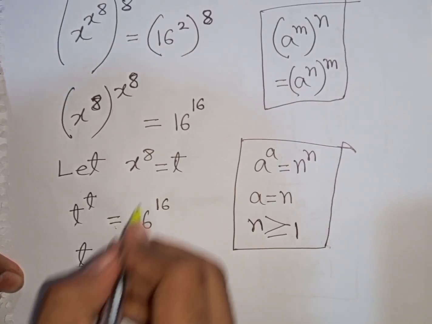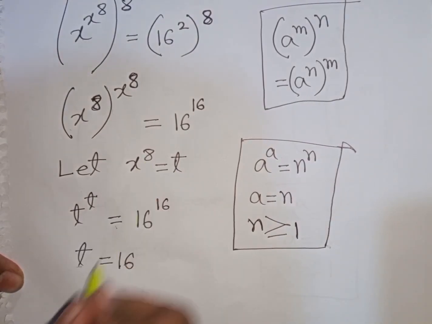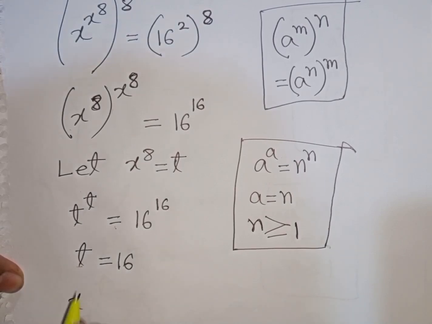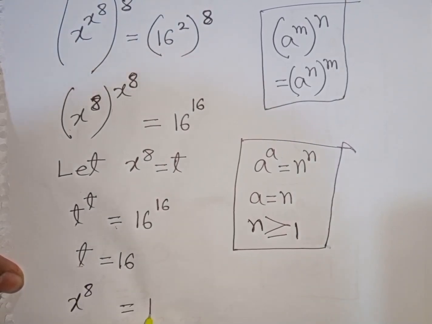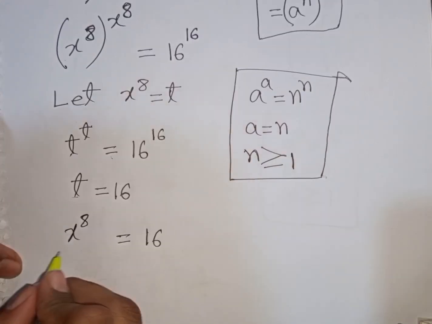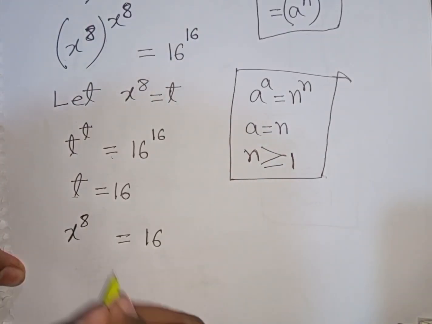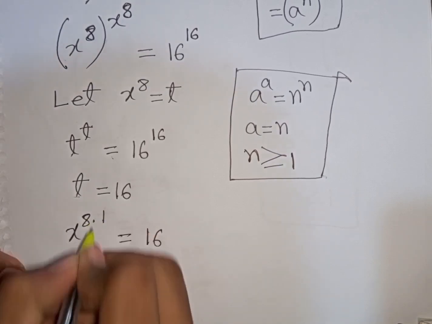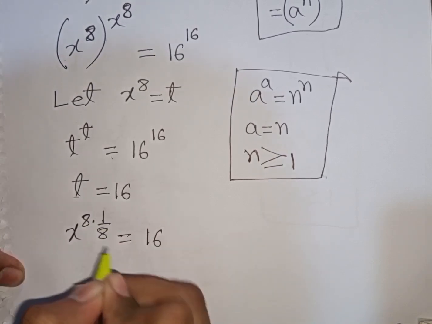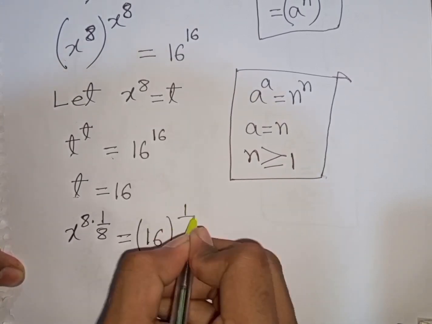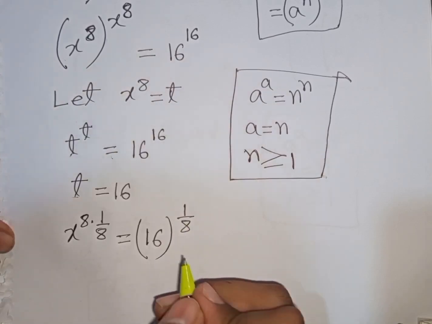Now remember that t means x^8. So x^8 is equal to 16. Now we need the value of x, so we raise both sides to the power of 1/8.